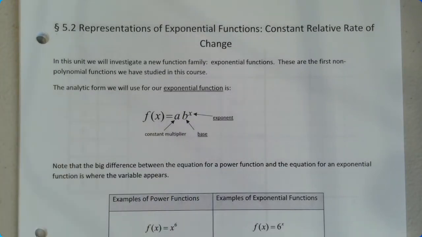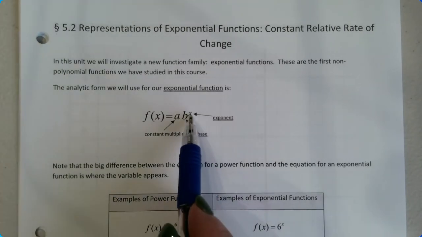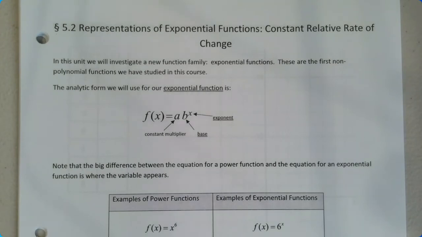The variable contains the exponent, right? Remember, that was not true for polynomials. Polynomials had exponents of like x squared for quadratics, or x cubed, or x to the fourth, and so on. But the variable was not in the exponent with polynomials. So this is my general form then for an exponential function, a times b to the x.